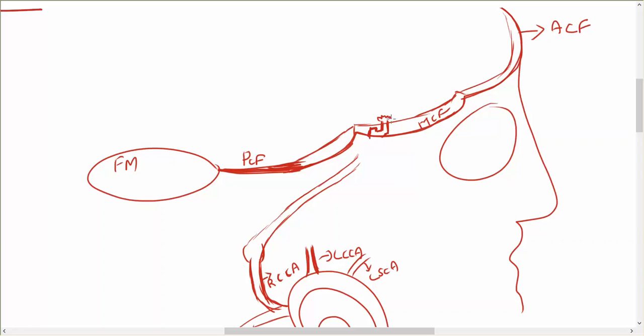The carotid canal gets connected with the foramen lacerum, and the carotid artery enters the carotid canal and takes a right turn, and it goes to the foramen lacerum. It comes inside the cranium.